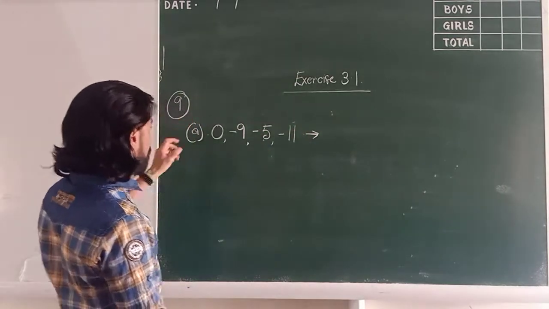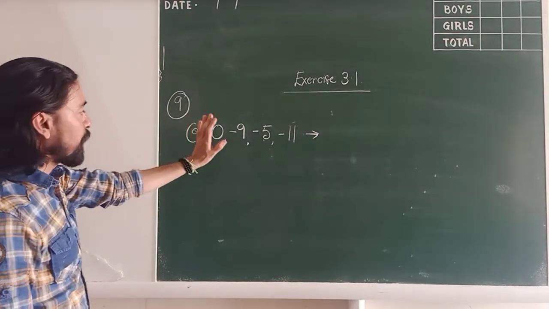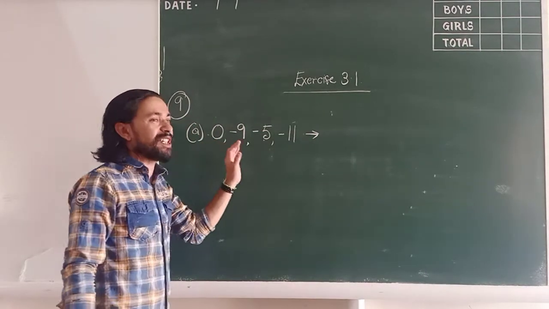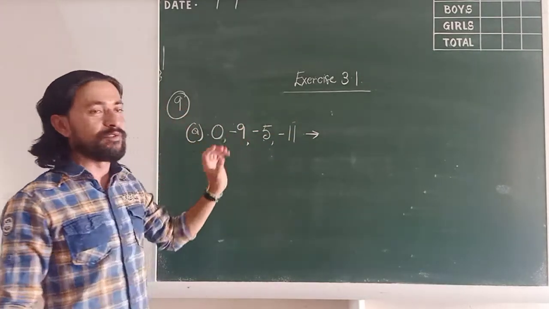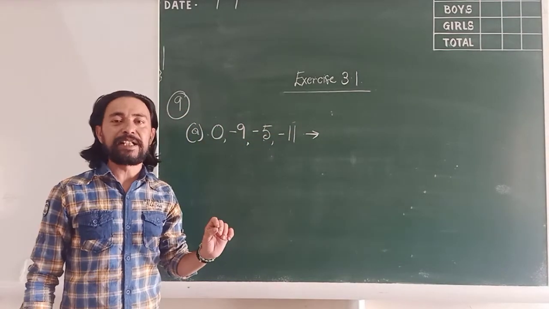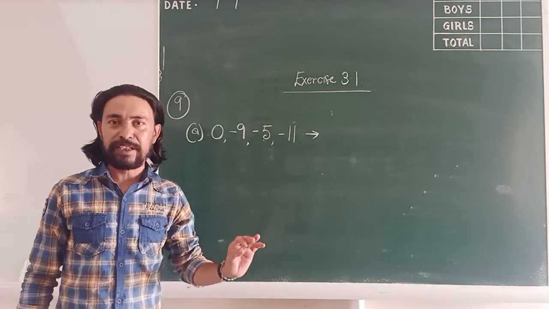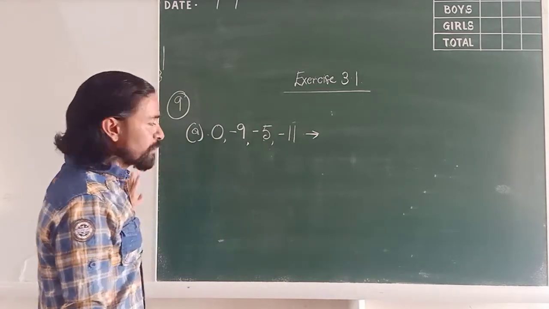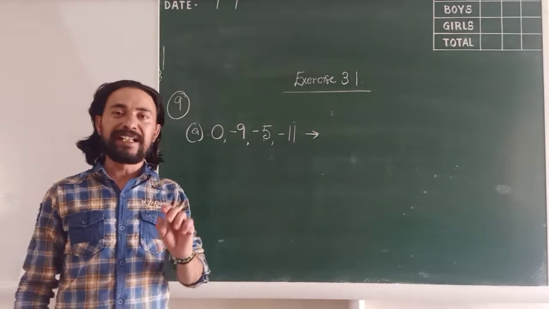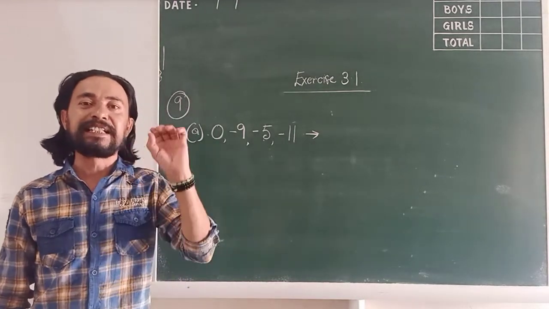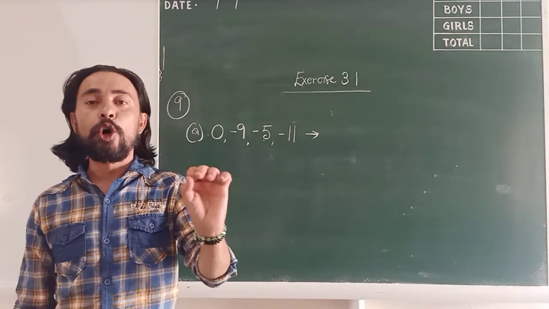Now I look at all these four numbers, 0, minus 9, minus 5 and minus 11, and I ask myself which is the smallest number. Now we know that all negative integers are smaller than positive integers. There are no positive integers here. There are only negative integers and 0. 0 is the only number that is neither positive nor negative.